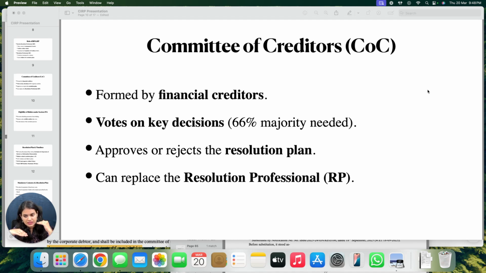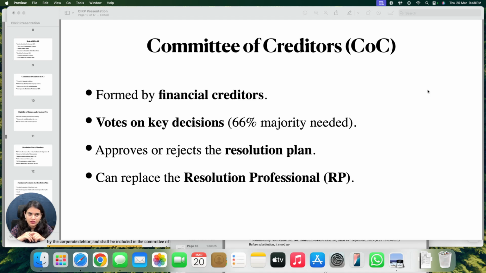If the resolution plans received are lower than the valuation, say suppose the valuation in this instance is 100, and the highest amount in the resolution plans received is around 70, and if the negotiations also fail with the COC, then they may vote for liquidation. The members of the committee of creditors may take their decision based on the viability and feasibility. They take their commercial decision based on the valuation placed before them.